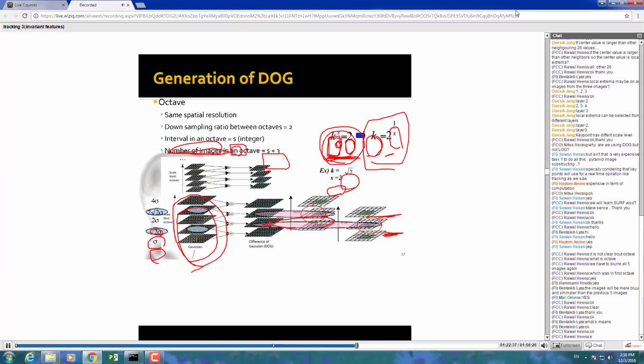Does that make sense? From 5, we could generate two intervals, meaning the number of layers for local extrema. So 5 becomes 2. If we start with 6, then S becomes 3. In this way, we get the formula S plus 3.